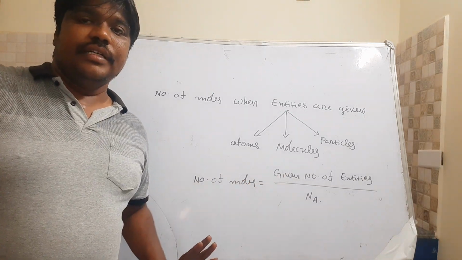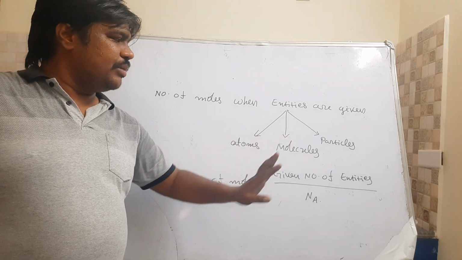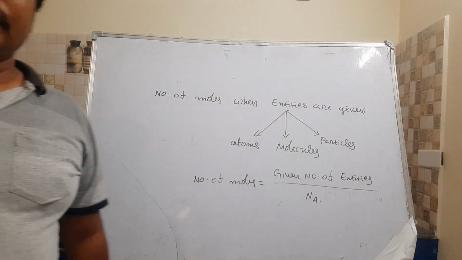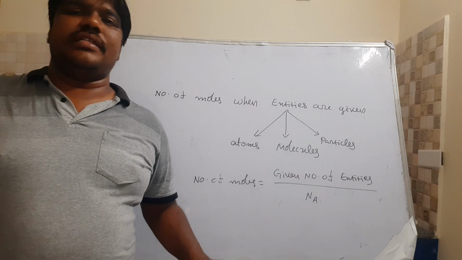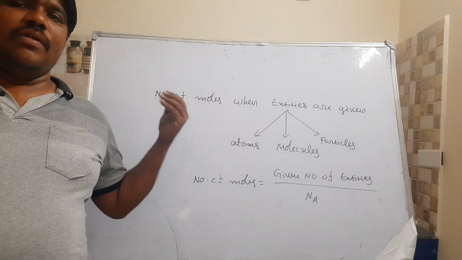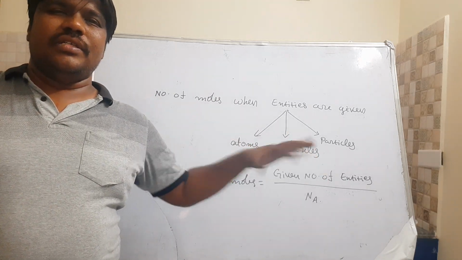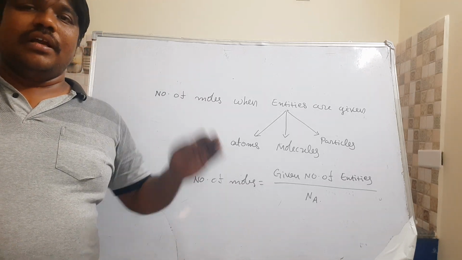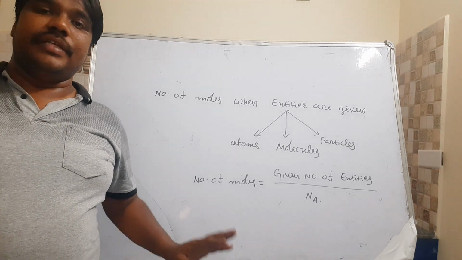You will convert number of atoms into moles, number of molecules into moles, and number of particles into moles. You getting my point? By memorizing all these formulas and by memorizing molecular masses, molar masses, and the difference between AMU and gram molar mass, stoichiometry becomes very easy. Stoichiometry in the sense all physical chemistry calculations are very easy, right?